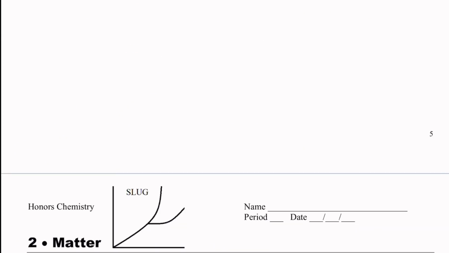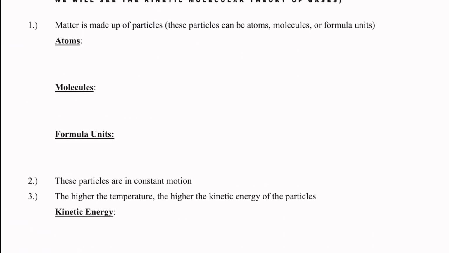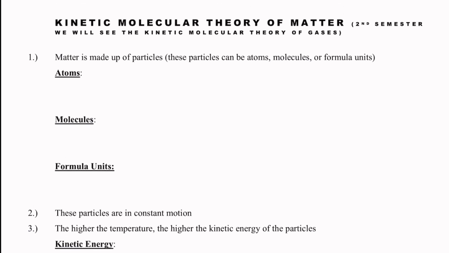Okay, so let's go back to page 2 now and get some more definitions. And I know definitions are not super fun, but there's something that we need to get through so we can make sense of other things. Atoms are going to be the smallest unit of a chemical symbol.